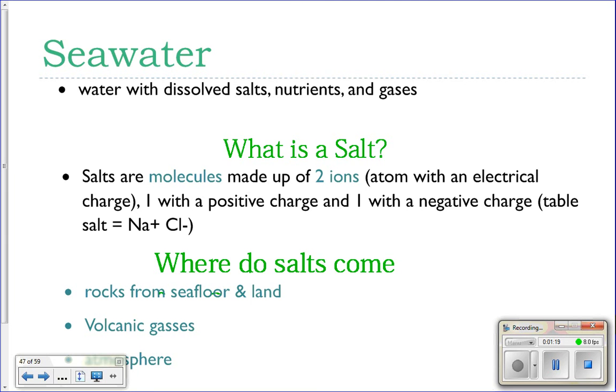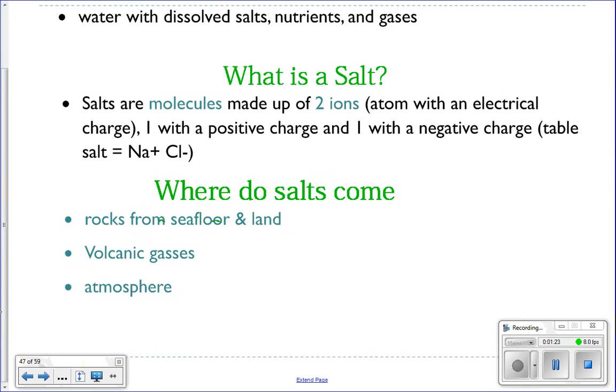Salts in the ocean come from several different places, but one of the main places is rocks on the seafloor. Any salts in those rocks will dissolve into the water and become part of the salts in the water.